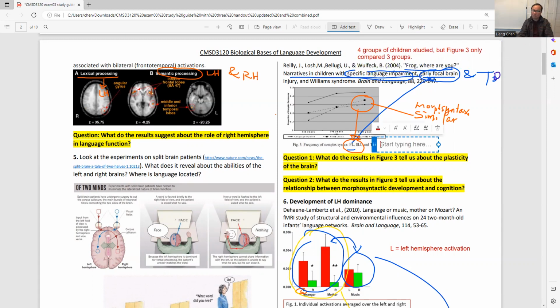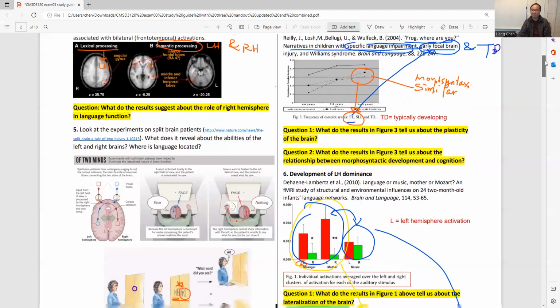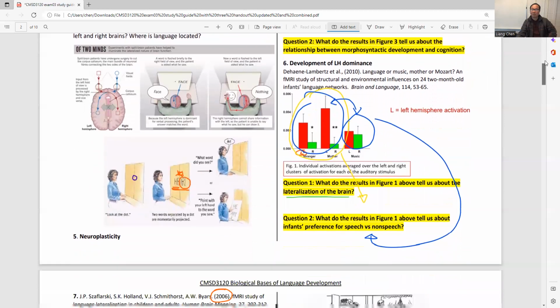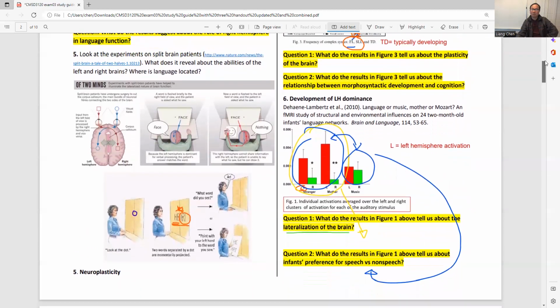Typical development, TD, equals typically developing. And we will see another part of the study that compares the other three groups. Okay.